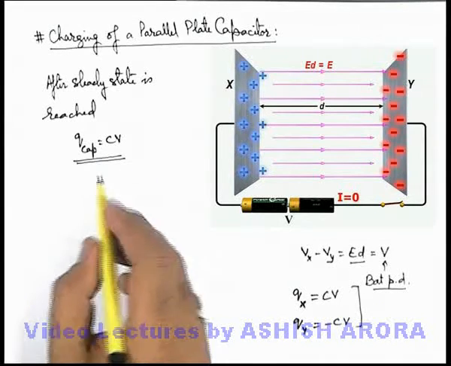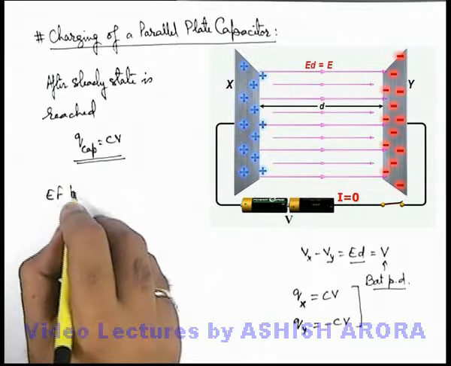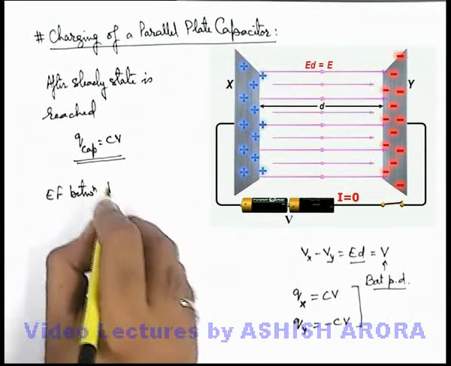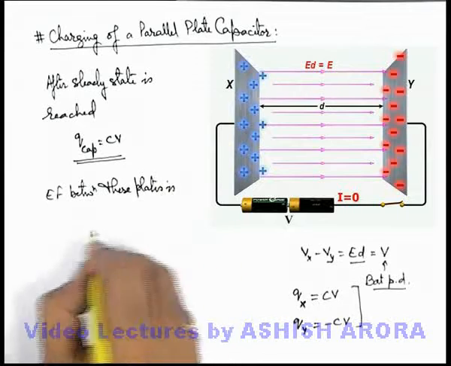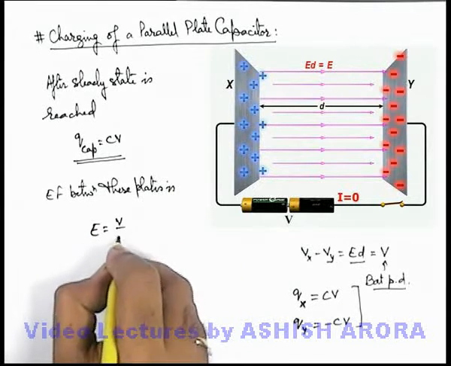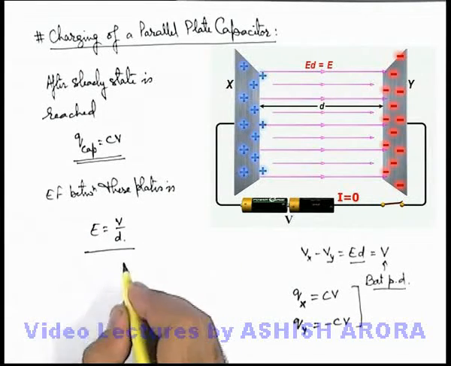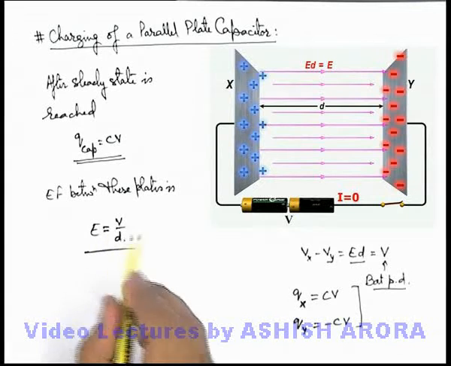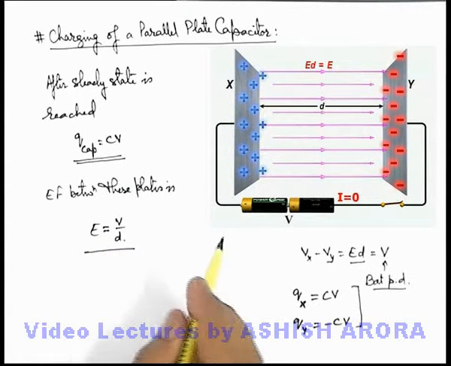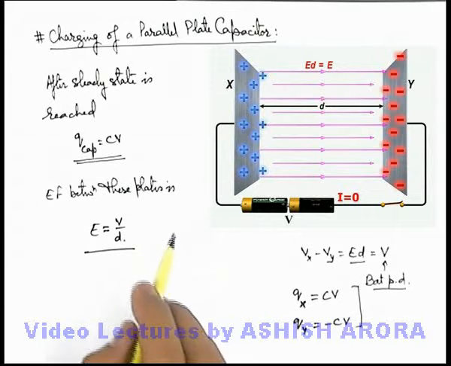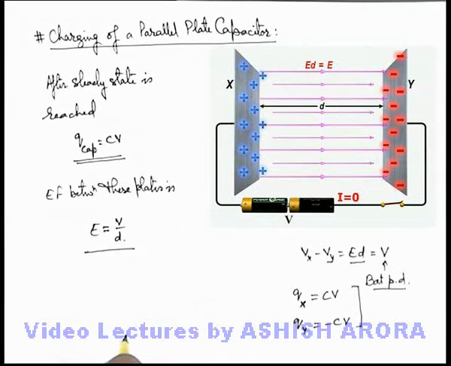And here we can always state that the electric field between these plates can always be written as V by d, and that is in a steady state, and no further flow of charge takes place as soon as the potential difference across the capacitor becomes V.